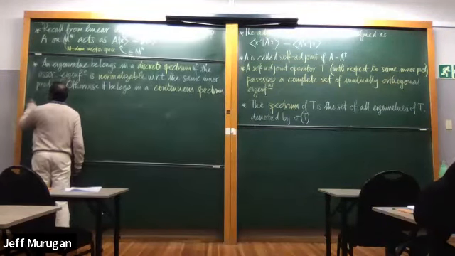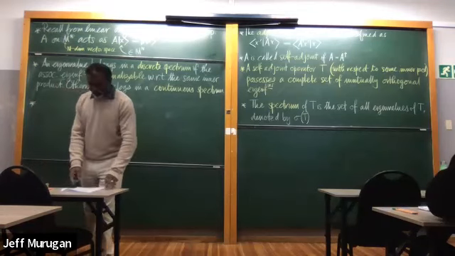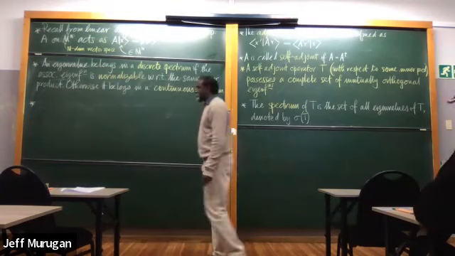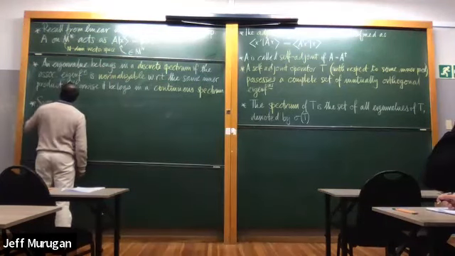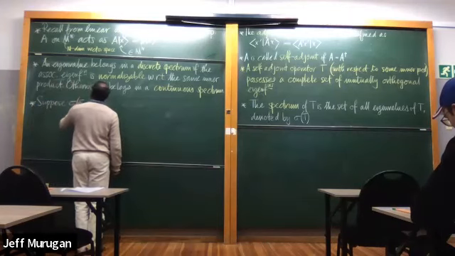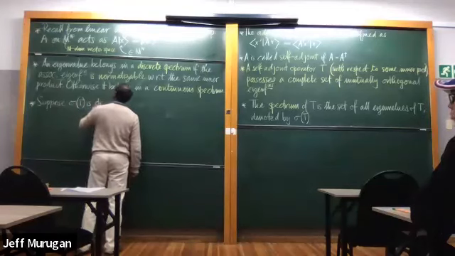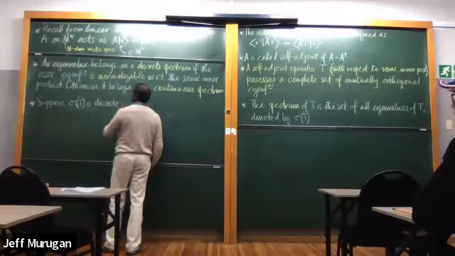right? So let's think about a discrete spectrum. So suppose sigma of T is discrete for the purposes of the rest of the spectrum.